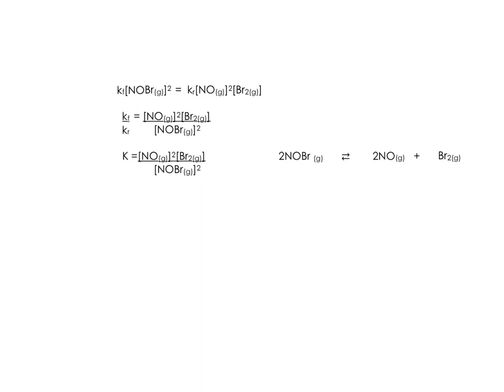So, because these two are constants, we get a new constant. And basically, this represents the equilibrium constant for this reaction. So basically, when you write your K expression for a system at equilibrium, K will be equal to the concentration of the products, right?